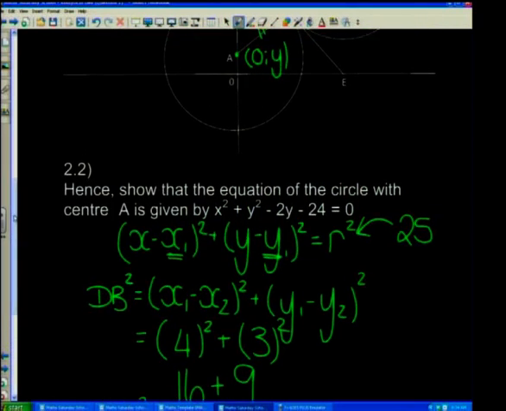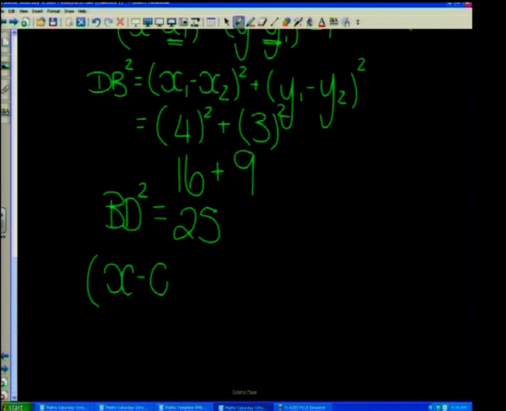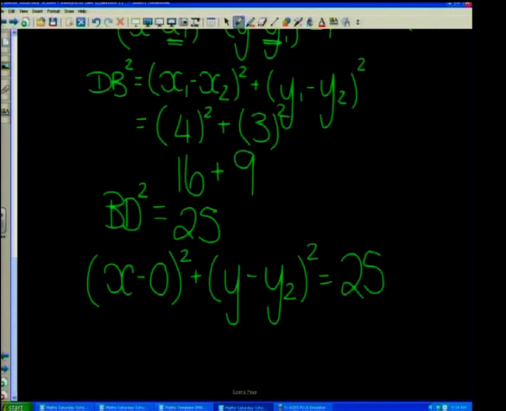The x coordinate of my center is going to be 0. So we're going to put 0 over here. And that's going to be squared plus y minus, okay, let's call it y2, squared, and that's going to be equal to 25.